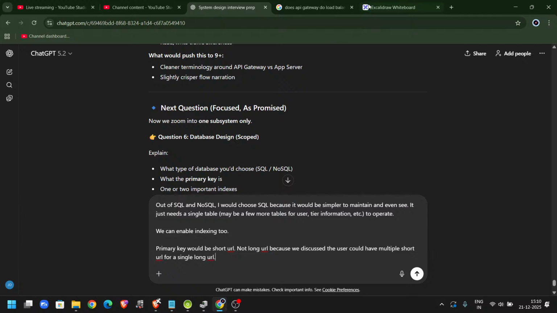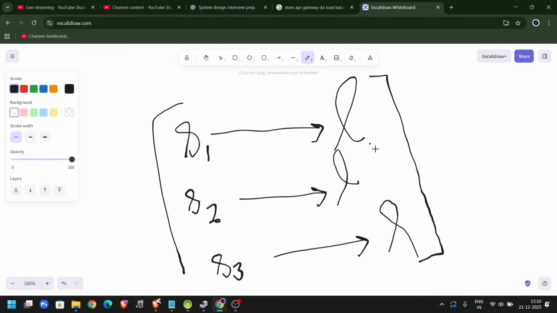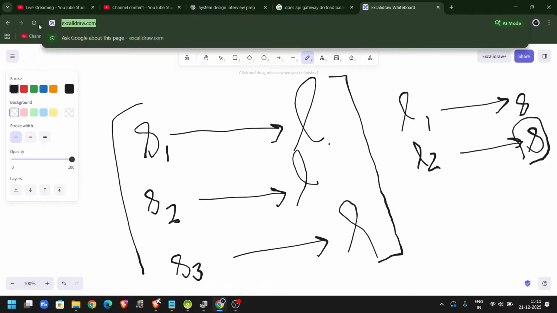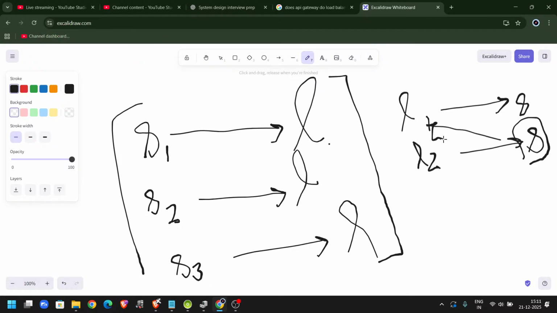Oh, but could we have the situation the other way around? Can we have a long URL which points to a short URL? No, we can't have this situation, because if we are putting this short URL in the URL section, then what would it point to, this or this?